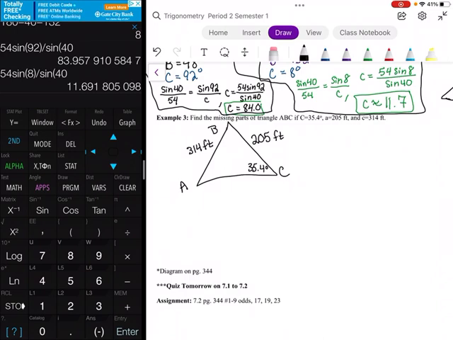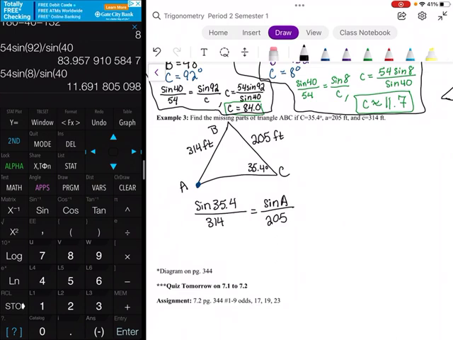So the first thing we're going to do is look for angle A, because that's across from one of the given sides that we have. So then we would do the sine of 35.4 all over 314 equals the sine of A over 205.